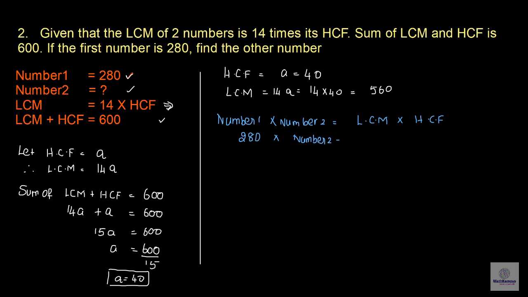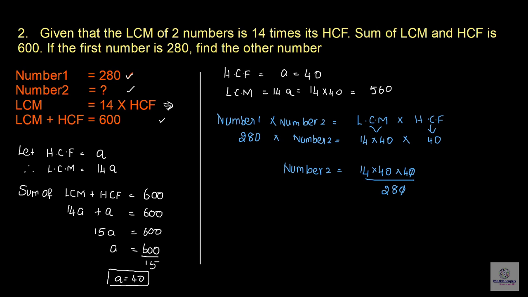LCM is 560. Now instead of writing 560, I would prefer to write it as 14 into 40. My HCF is 40. Therefore, number 2 equal to 14 into 40 by 280. 0 and 0 will get cancelled.